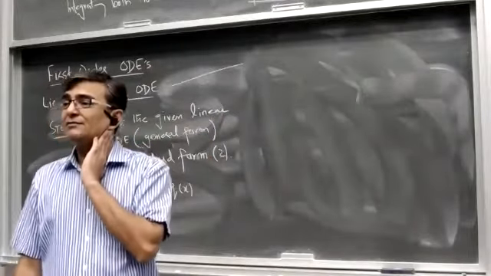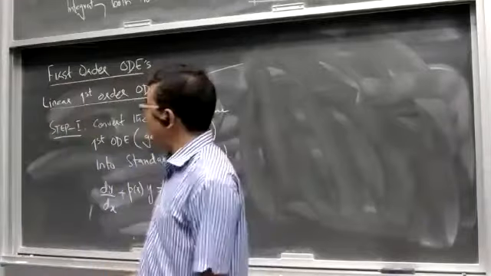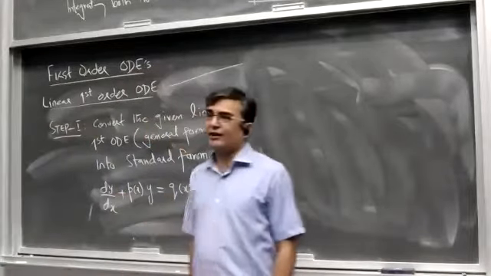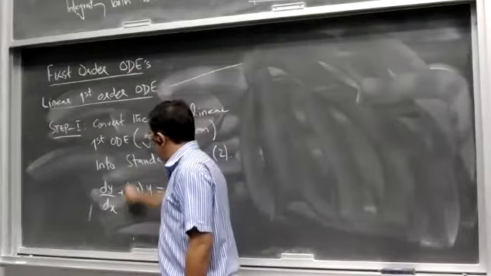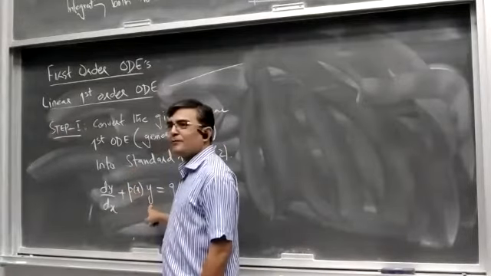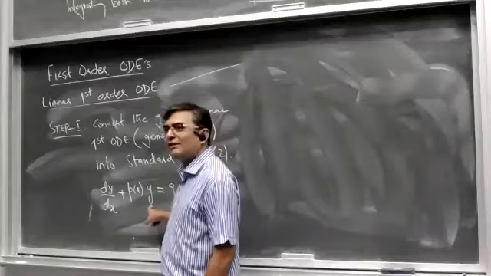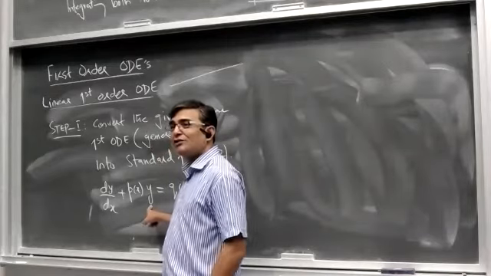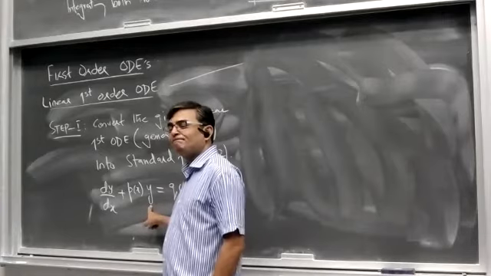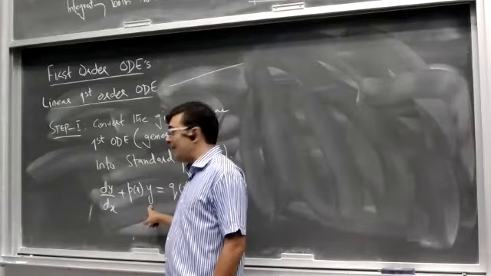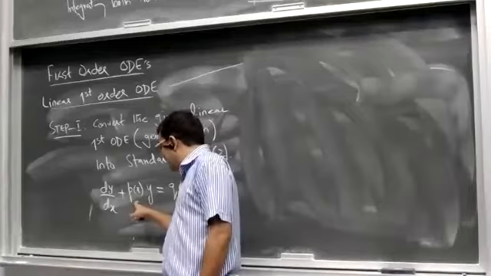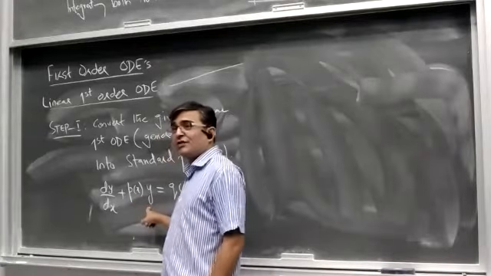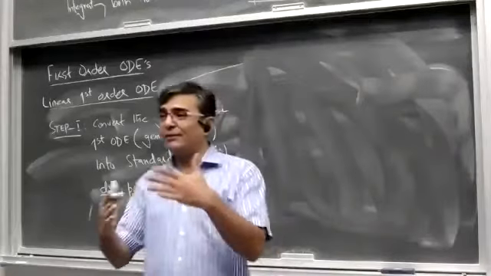We cannot reverse the derivative by simply applying the integration on both sides, because here we would have the integral of p of x times y. What kind of integration do we do here, with respect to x or y, because there is a mixture of variables x and y?